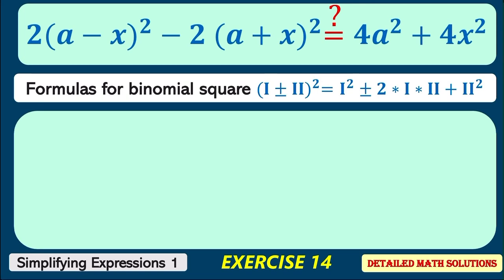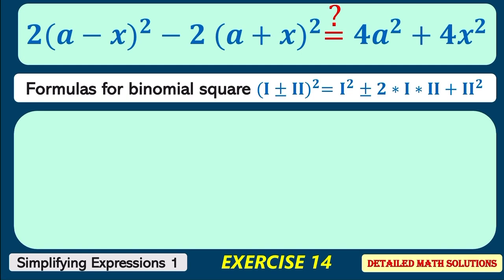I'm going to apply these formulas to the binomial squares a minus x in parentheses squared and a plus x in parentheses squared, where the term a is the first term and the term x is the second term.